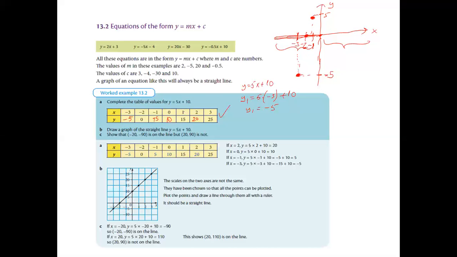And when x is equal to 1, y is equal to 15, where our positive 1 is here, and positive 15 of y is approximately here. Okay, it's here. And when our x is equal to positive 2, y was 20.